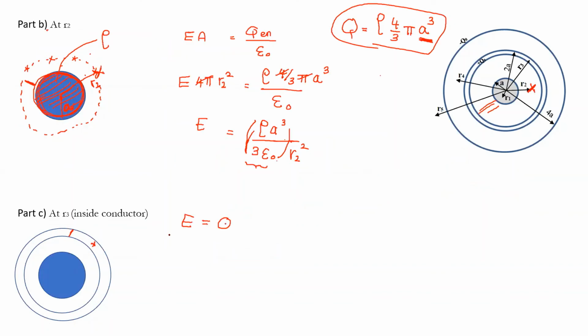But if you try to calculate it using Gauss's law, did anyone find it confusing? Did anyone find getting E equals 0 hard when you just use Gauss's law?